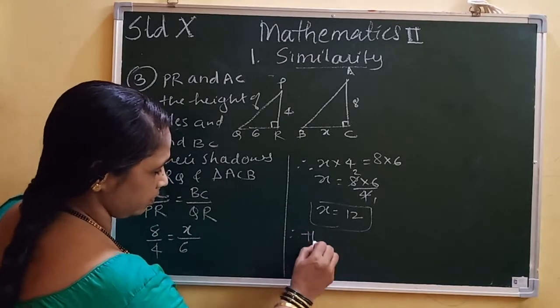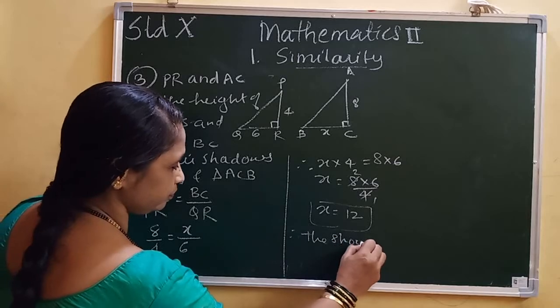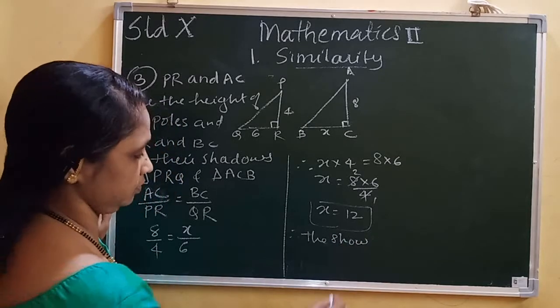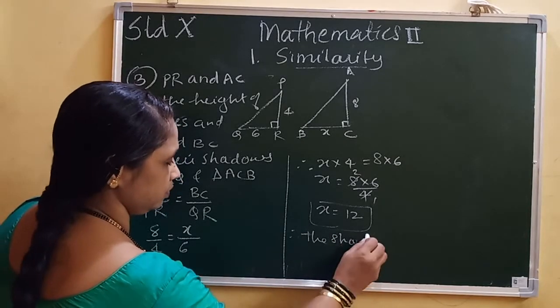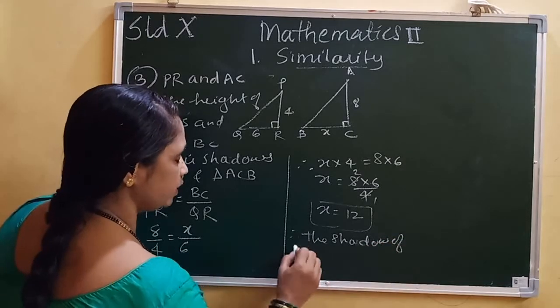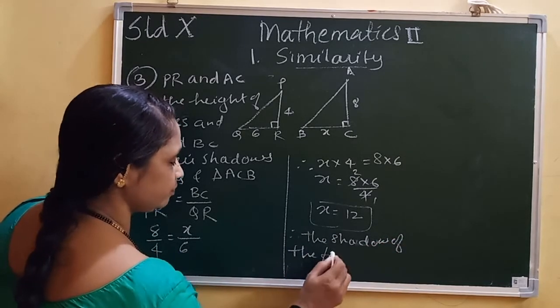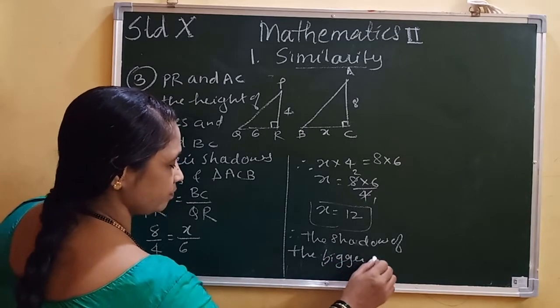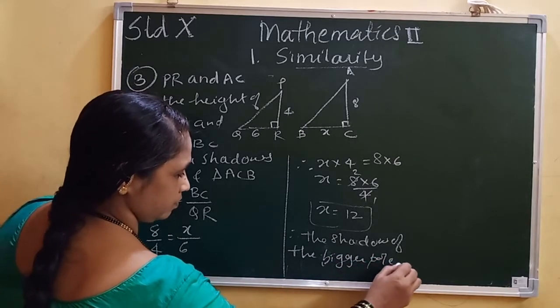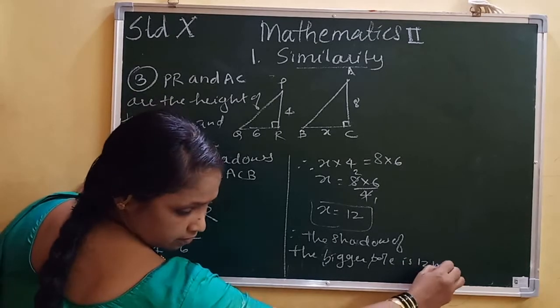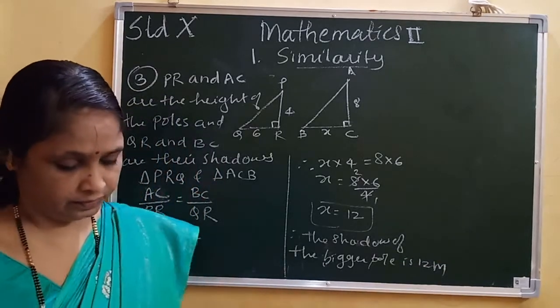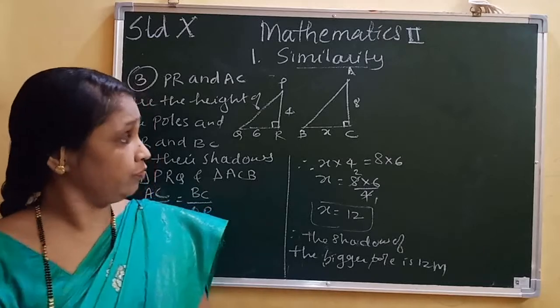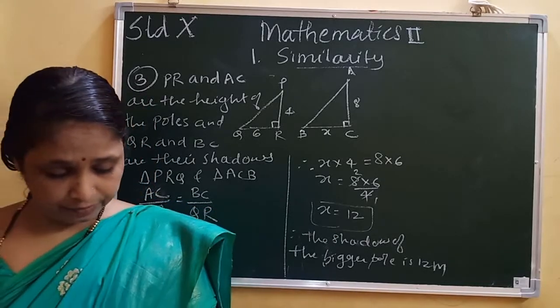Therefore, the shadow of the bigger pole is 12 meter.